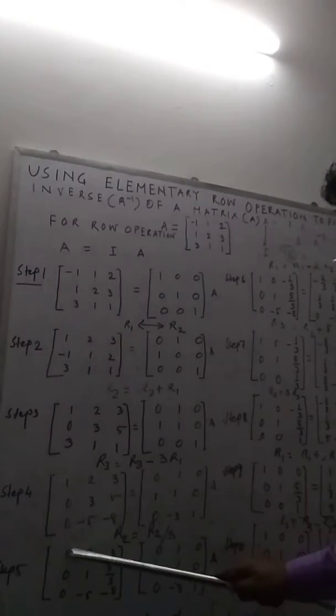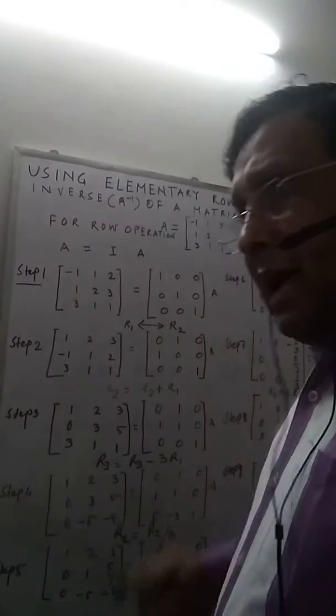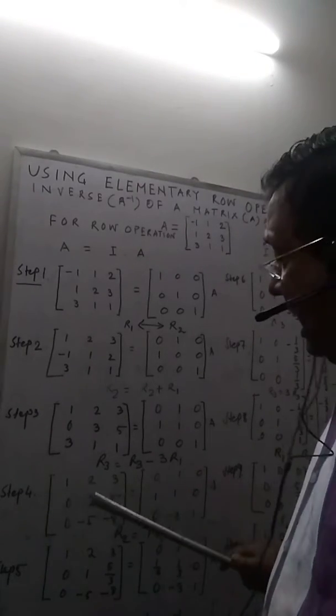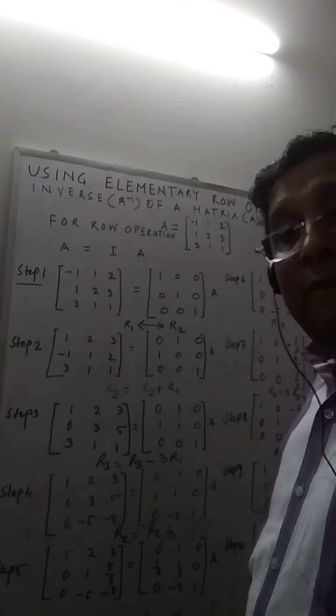Similarly, using this 1, my first target is to make it 1. Now see how I made it 1. Here it is 3. Sometimes you can see in the question, the way you are changing, automatically 1 can come. But here, unfortunately, 1 is not here. So I have to do some extra work.